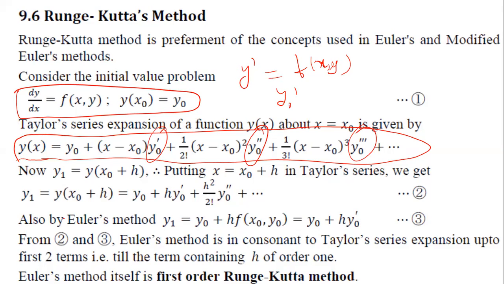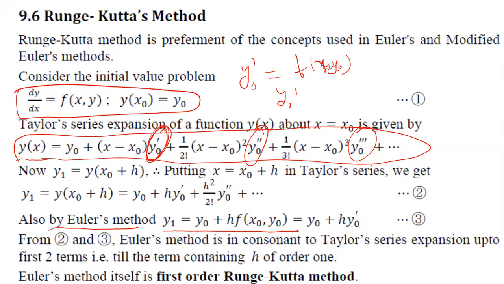Now, if you compare with the Euler formula, it was y naught plus h f of x naught, y naught. So you see that this differentiation y naught prime will be f of x naught, y naught. Y naught prime is simply f of x naught, y naught.